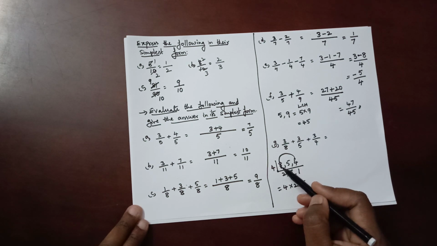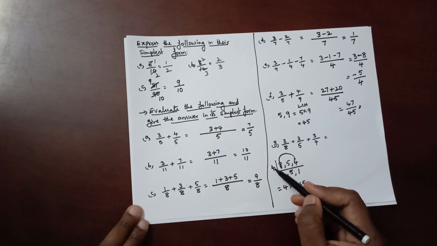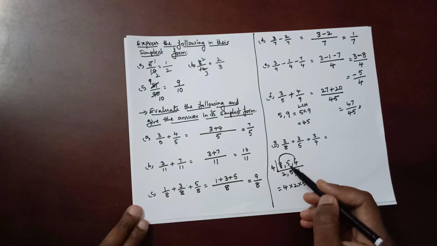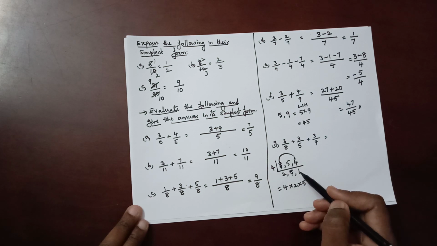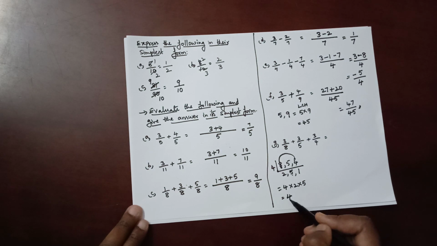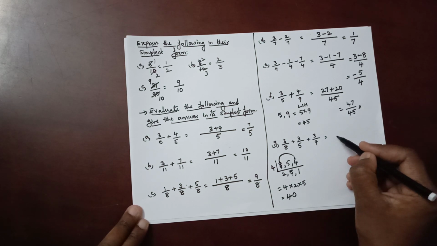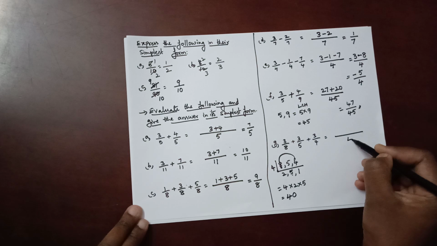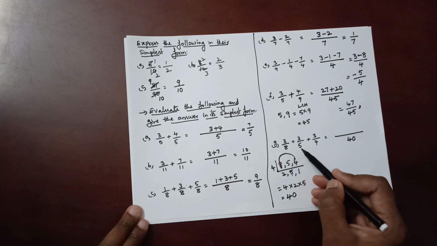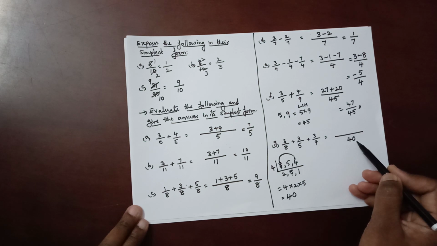So 4 and 8 are multiples of 4, so I start with 4. 4 twos are 8. In 5, 4 is not going, as it is I am taking. 4 ones are 4. So now the product: 4 twos are 8, 8 fives are 40. So here the LCM is 40. Now each and every denominator we check.